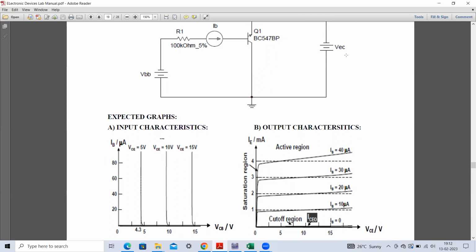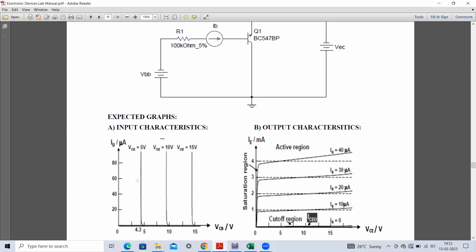Remember that here we are writing VEC, emitter to collector voltage, and here we are writing VCE, collector to emitter voltage. Whenever you give VEC, it will be a negative voltage because of this polarity of the battery. But when you write VCE, it becomes a positive quantity.